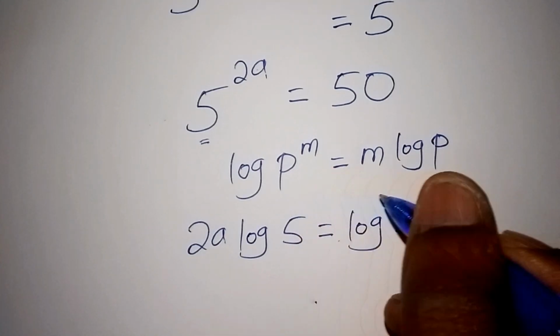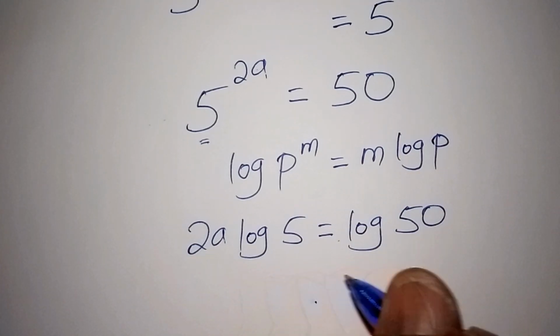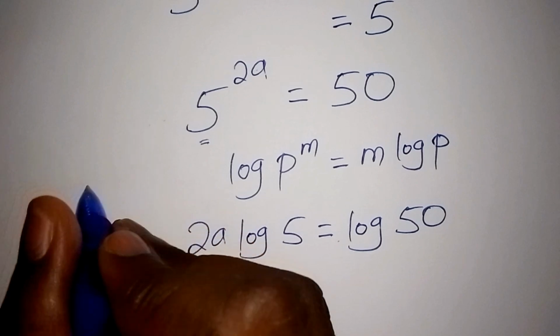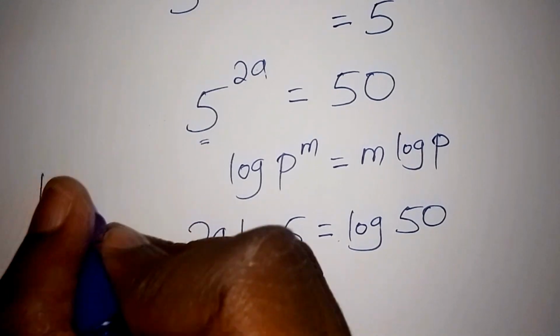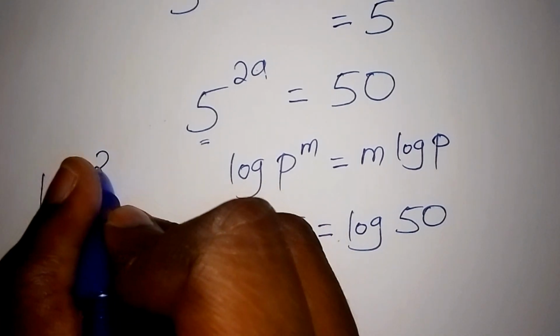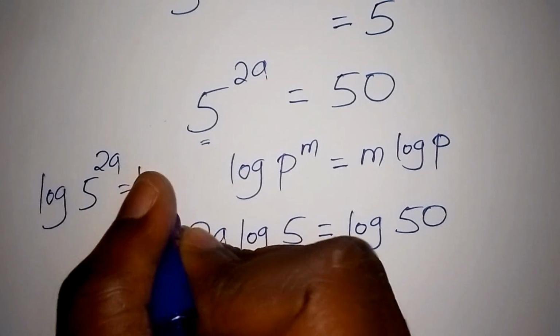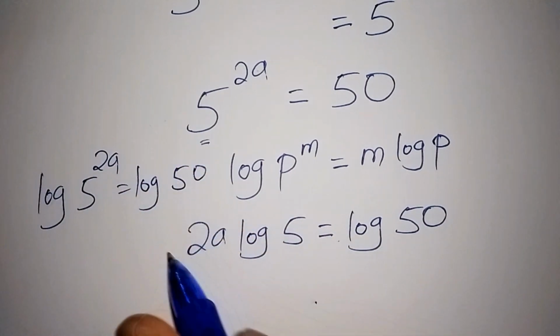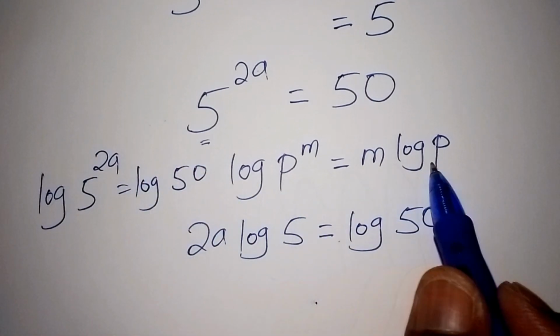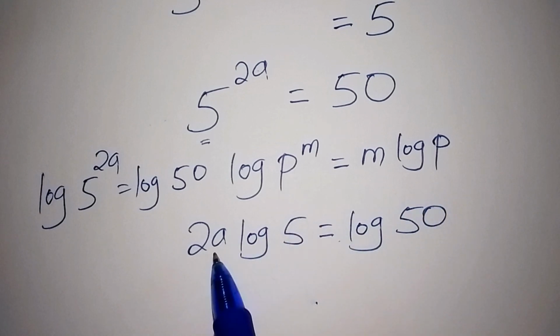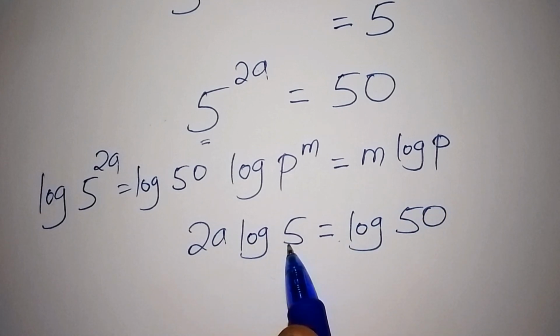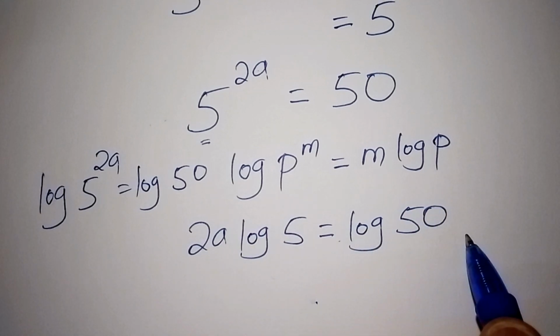When we work it out by following this method, we shall end up with 2a times the log of 5 is equal to the log of 50.